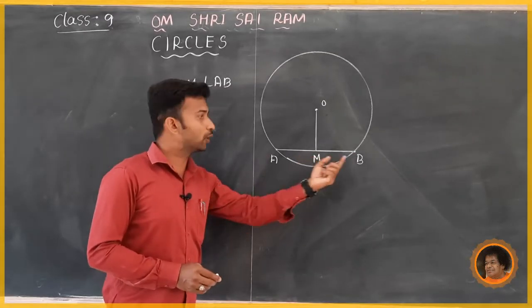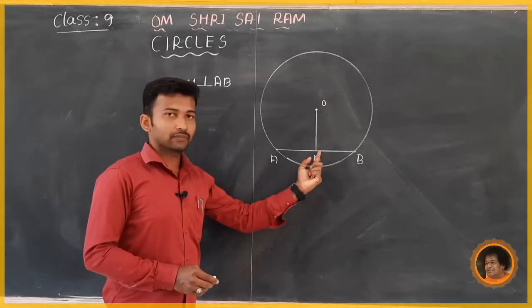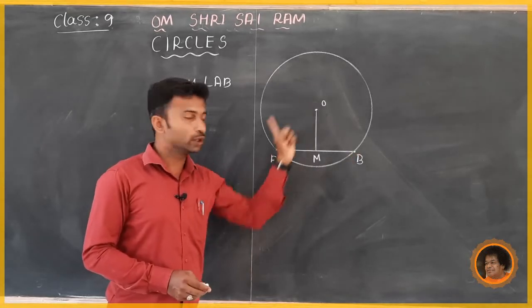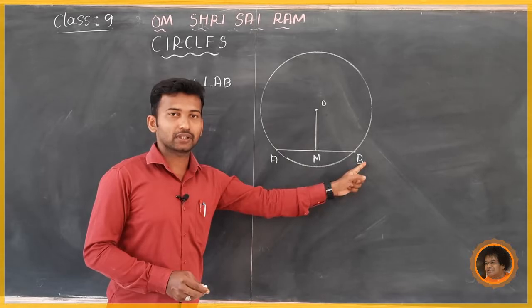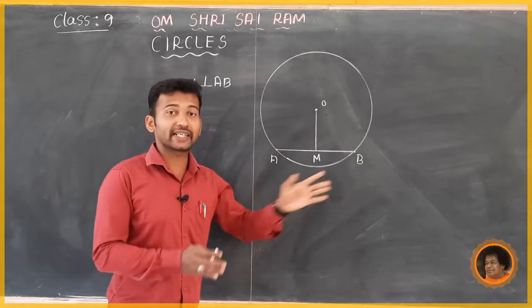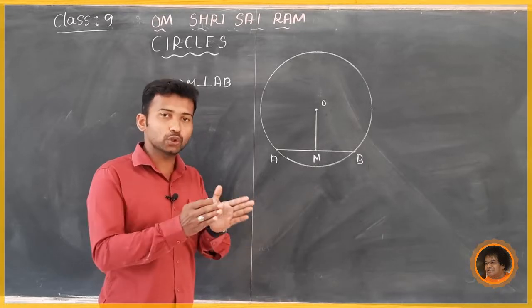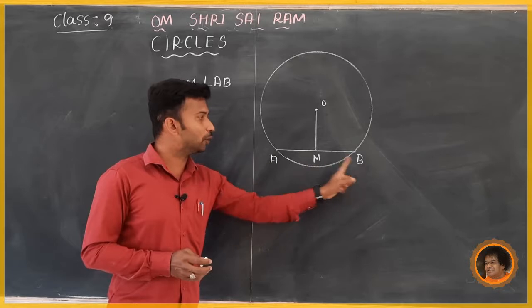AM equal to BM. So, if OM is a perpendicular line segment drawn from the center O to the chord AB, it bisects AB into two equal parts. So, AM is equal to BM.